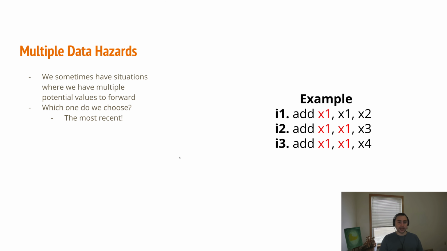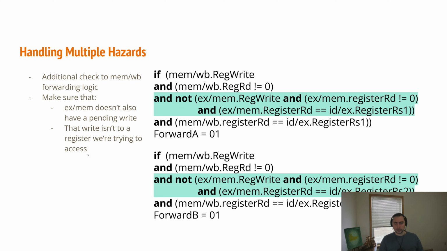But how exactly do we handle this? Well, the way we're going to handle this is by disabling our forwarding from the mem writeback stage if that same value is already coming from our execute mem pipeline register. So let's go ahead and see how this looks. We're going to keep the exact same baseline forwarding logic for our mem writeback stage.